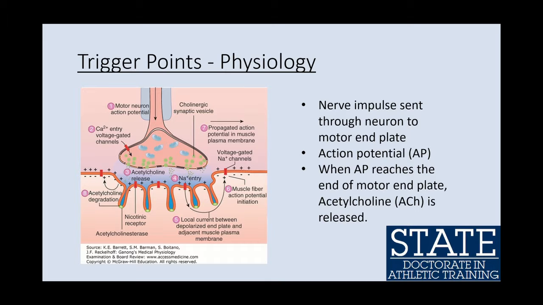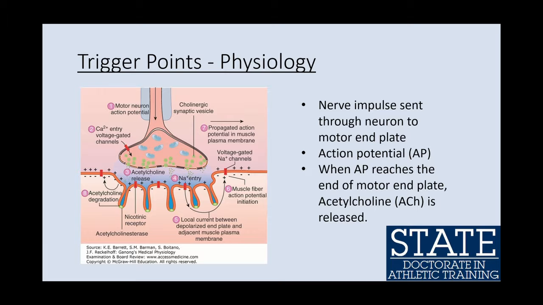Each motor neuron sends a nerve impulse to the motor end plate. As you can see from the picture, the neuron is descending upon the area of the fiber, and the end of that neuron is what we consider the motor neuron end plate, or the motor end plate, which is on the surface of the fiber.